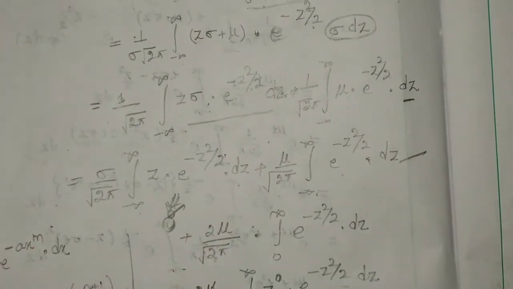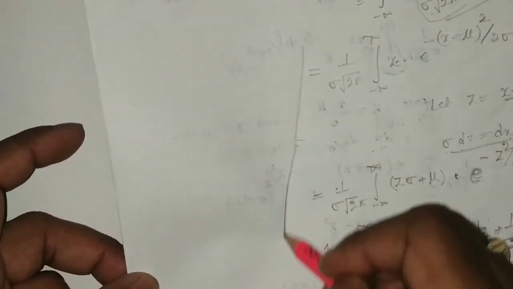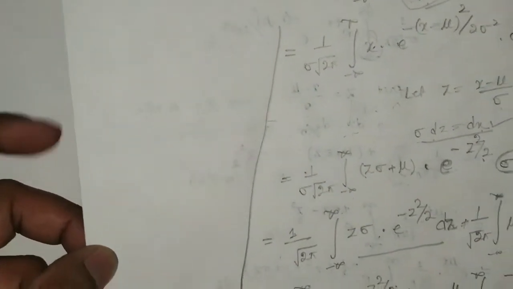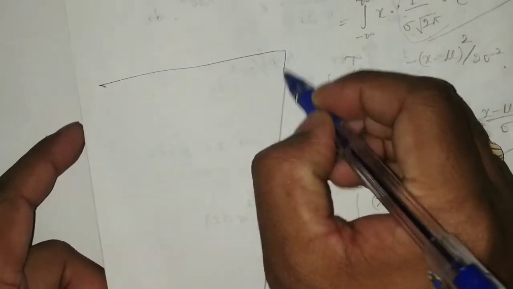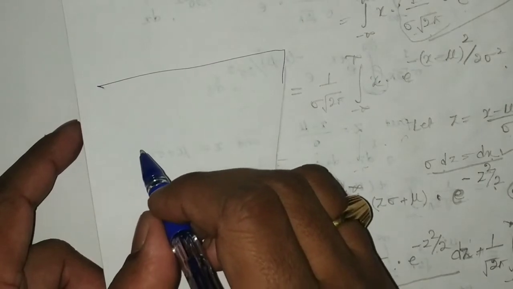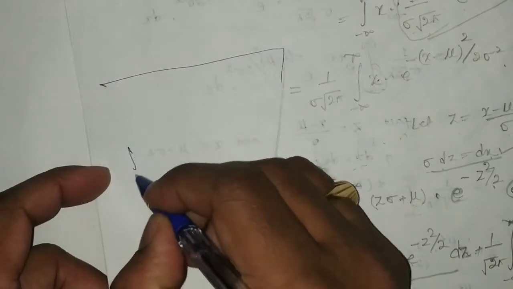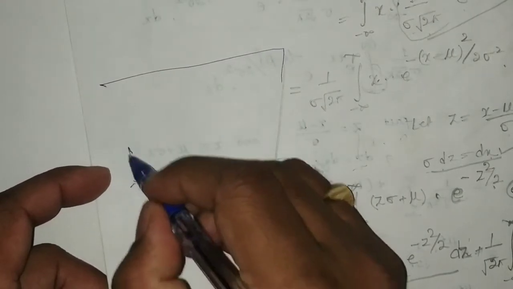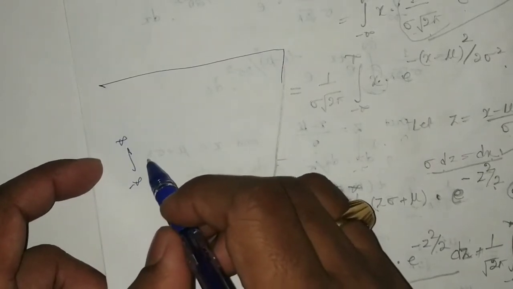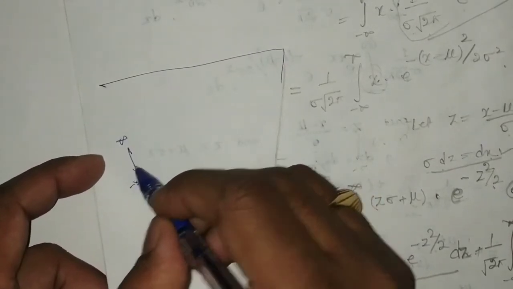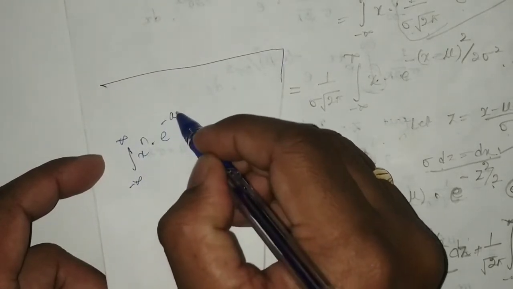This will be equal to 0 by following the gamma function. Maybe you have studied the gamma function. According to the gamma function, you have to remember one thing. It is required very much, and you can also find it in a short video in my channel. You have to remember this one, and a special integration video is there, you can find it also in my channel: minus infinity to plus infinity x to the power n into e to the power minus a x to the power m dx.